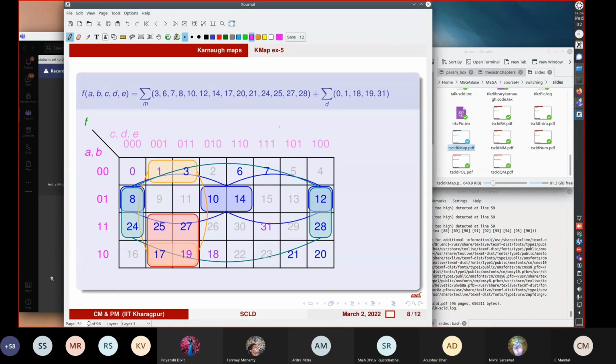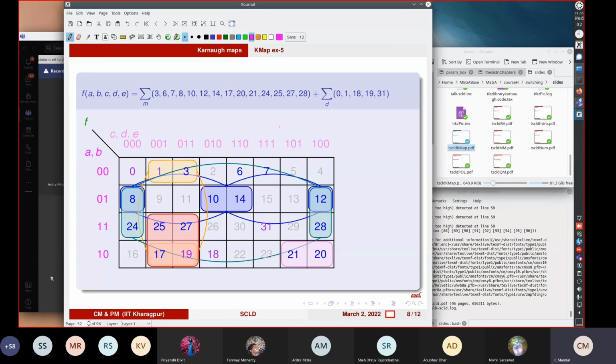But now this one, the 19 has helped you there, and well, 20 and 21 over there. So, I hope you understand the use of these don't care terms to facilitate the building of your cover.